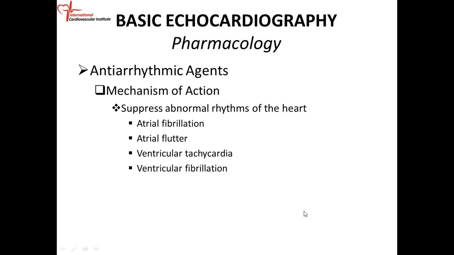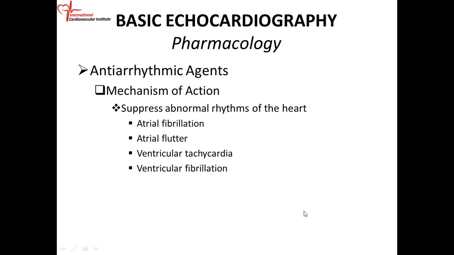So when we talk about abnormal rhythm, we can divide them into what we call supraventricular arrhythmias, and then you can have also your ventricular arrhythmias. Supraventricular arrhythmias, of course, you have your PACs.